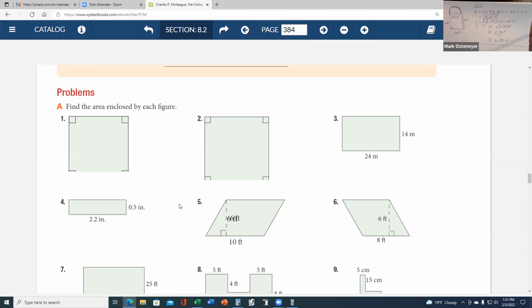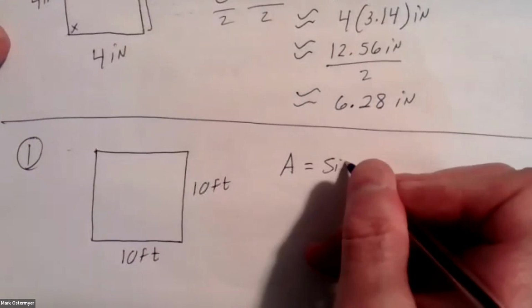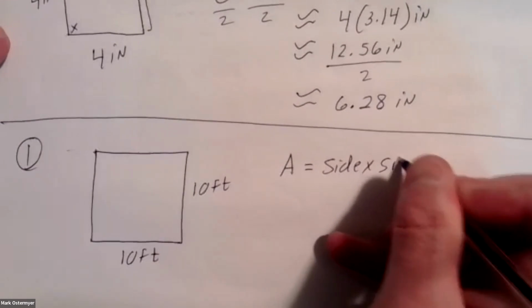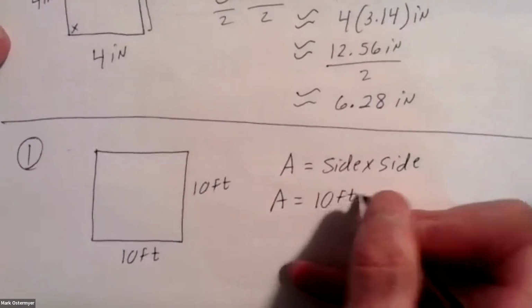Let's just say for problem number 1 that the length of the side was 10 feet. What would be the area of that square? How do we find the area of a square? We take side times side. So the area of this square would be 10 feet times 10 feet.